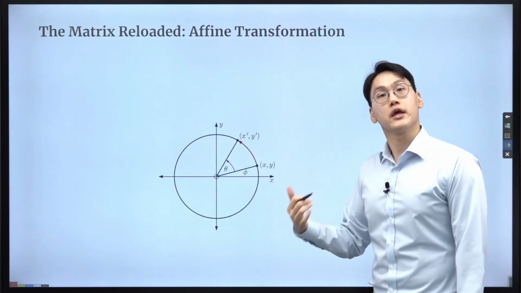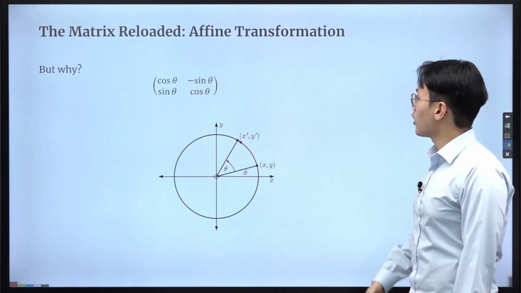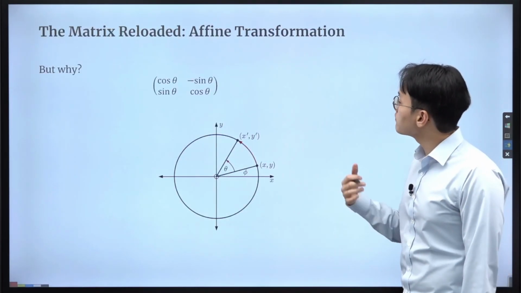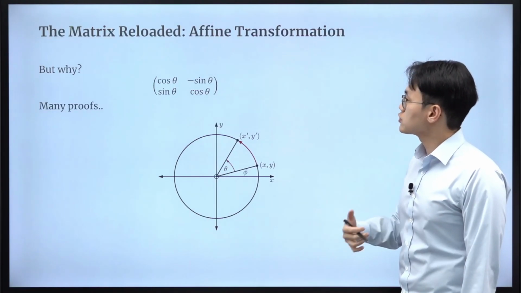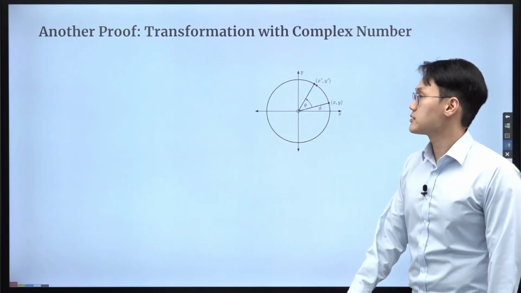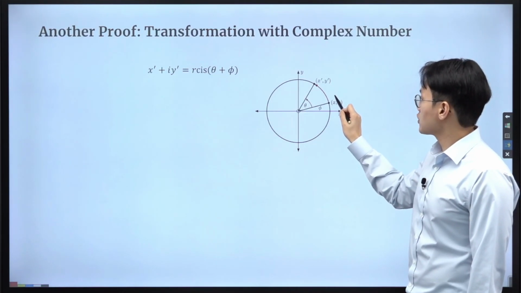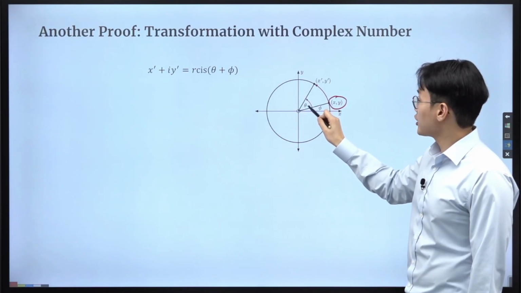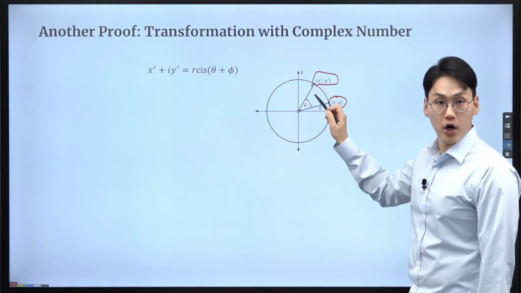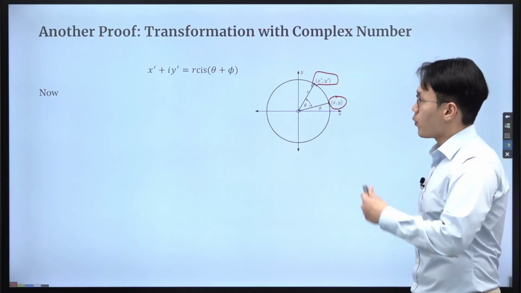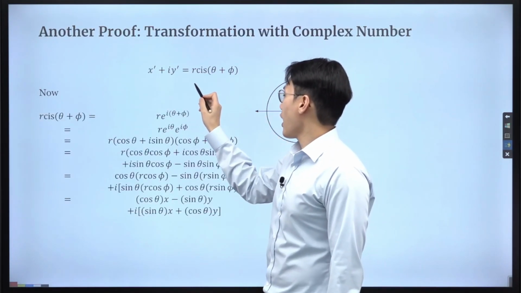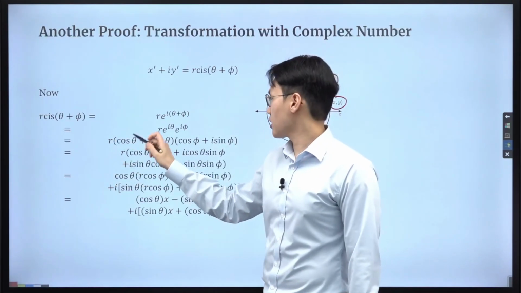And of course, for the AI students, you don't need to know the proof, but it's great to know it, because it's one of the many proofs where you get to associate with the complex number, right? If you want to transform the initial coordinate by adding the argument theta to go to the image x prime, y prime, you add the argument by multiplying by the complex number.